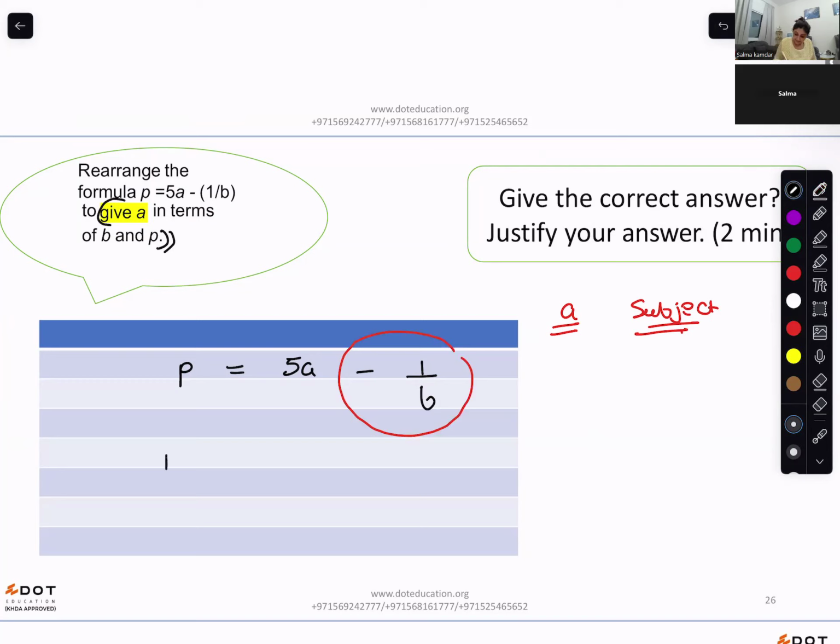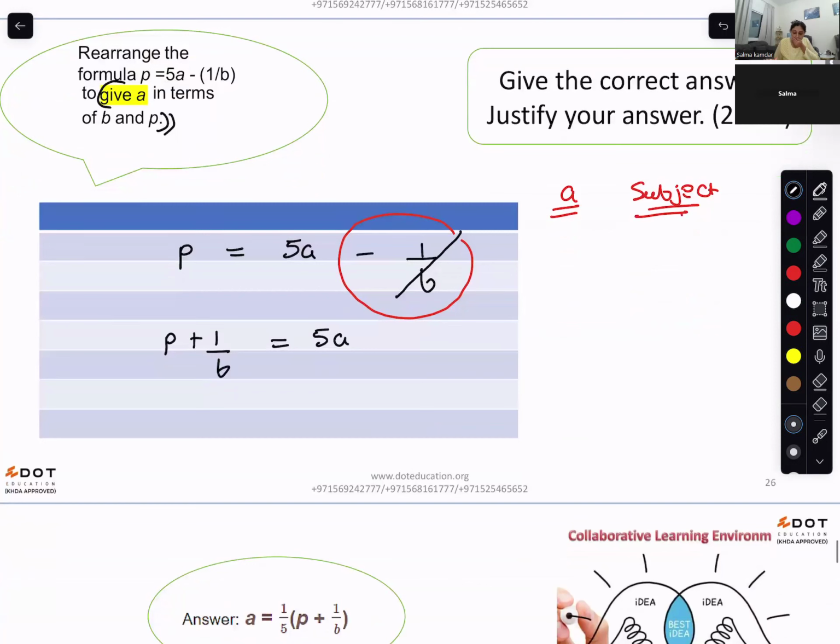So I will add 1 by b to both the sides. So this will go away. P plus 1 by b is equal to 5a. I need a to be the subject. So this I'll put in brackets. I don't need the 5 over here. So I will divide both the sides by 5.